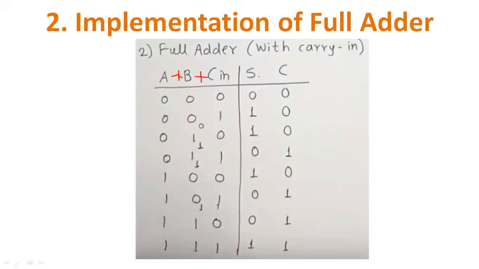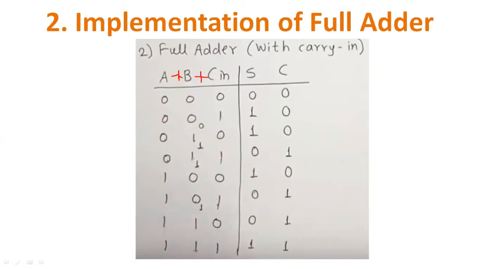Okay, so we will have a 2 bit output. So 0 plus 0 plus 0 will be 0 0 in binary. So sum is 0 and carry is 0. 0 plus 0 plus 1, sum will be 1 and carry will be 0. 0 plus 1 plus 0, sum will be 1, carry will be 0.